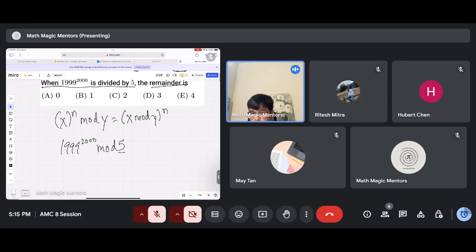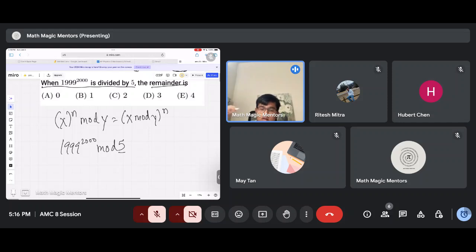I'm sure if you have some 9 to the something, there is a pattern, and I encourage you to work through this problem that way. What I'm going to show here is a different way, but the other way considers working with numbers that have a base of 9 and an exponent of something else.